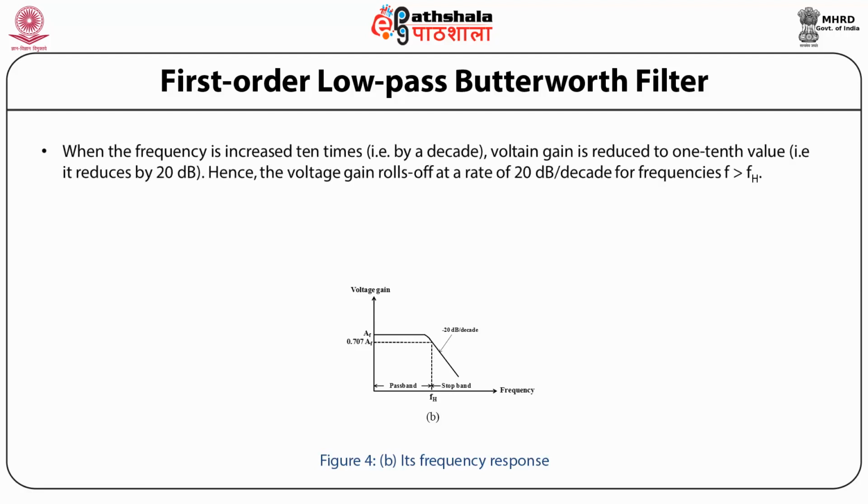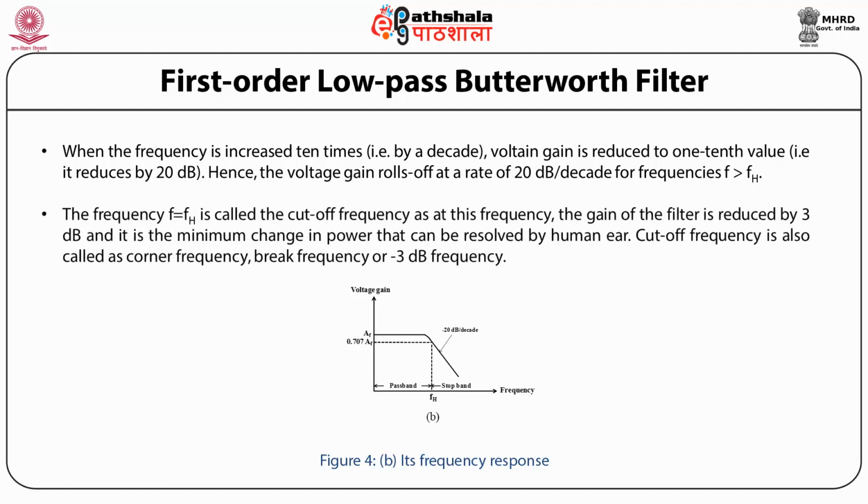When the frequency is increased 10 times, that is, by a decade, the voltage gain is reduced to 1/10 of its value. That is, it reduces by 20 decibels. Hence, the voltage gain rolls off at a rate of 20 dB per decade for frequencies f greater than fH.